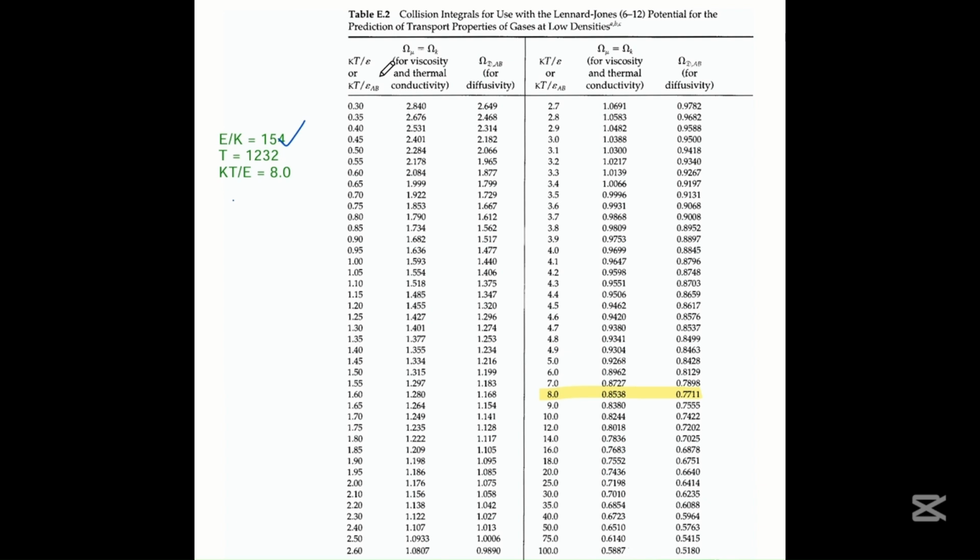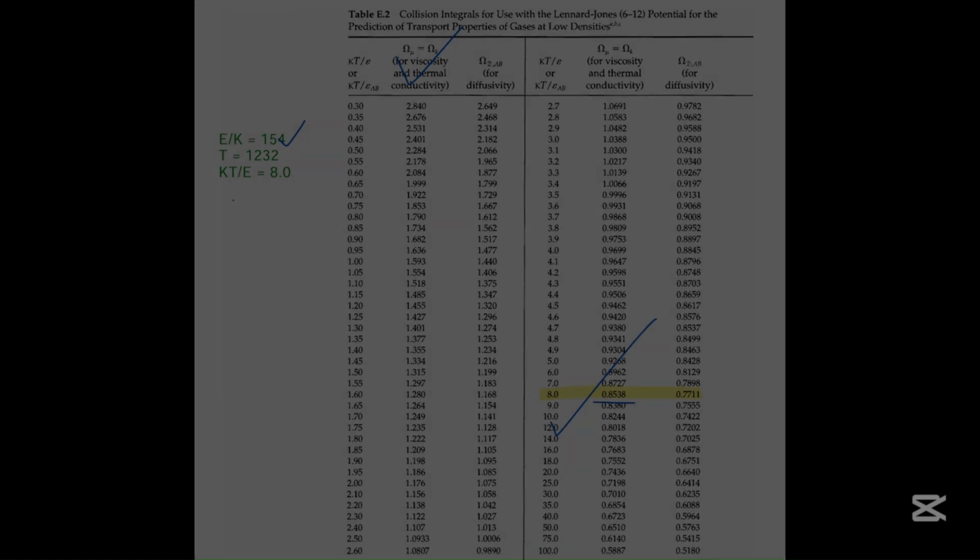Now we will search for 8 in this column, and we will get the collision integral value for viscosity and thermal conductivity. Corresponding to 8, the collision integral value comes out to be 0.8538. We note this down and use it in further calculations.